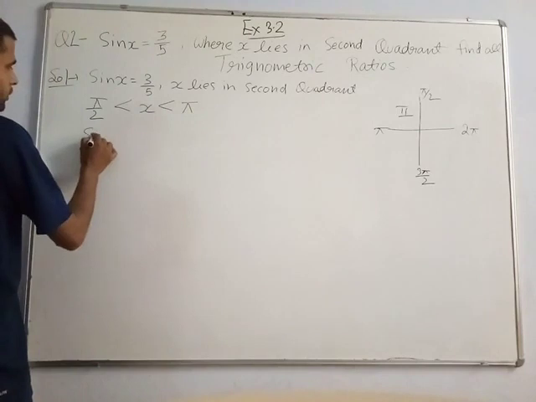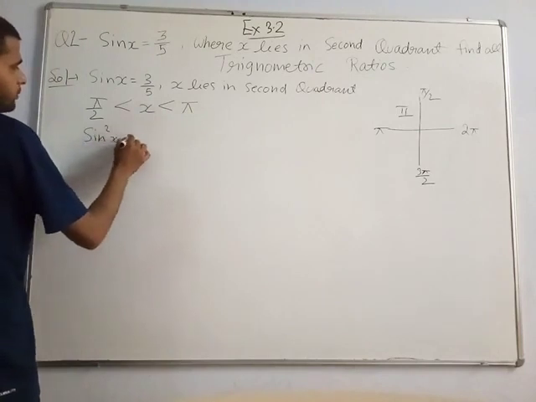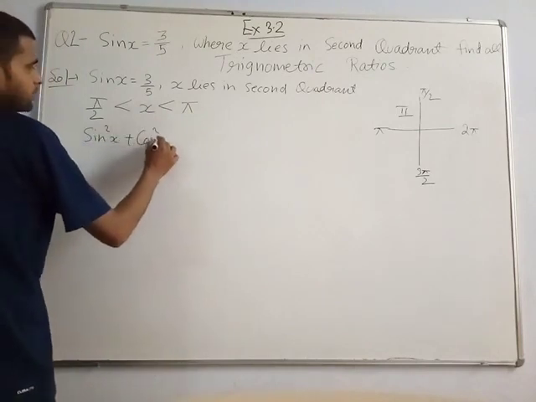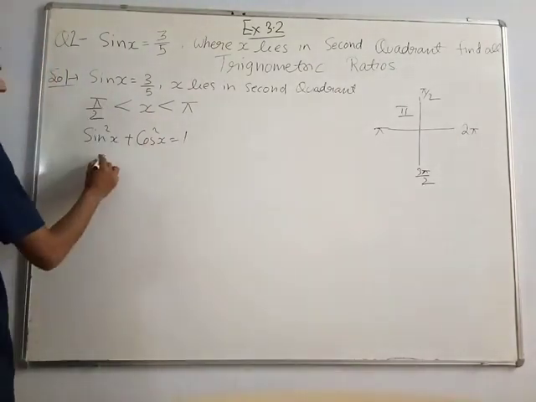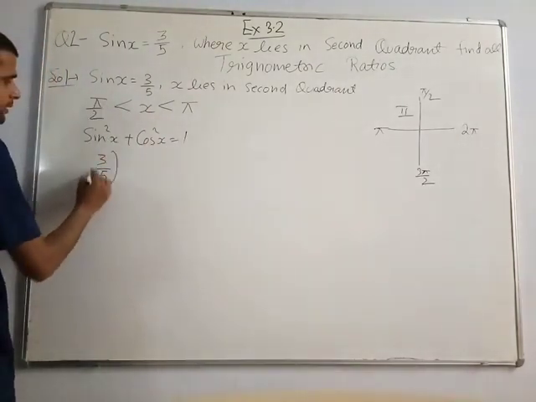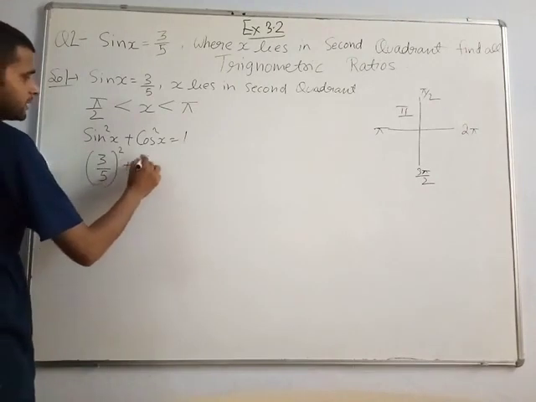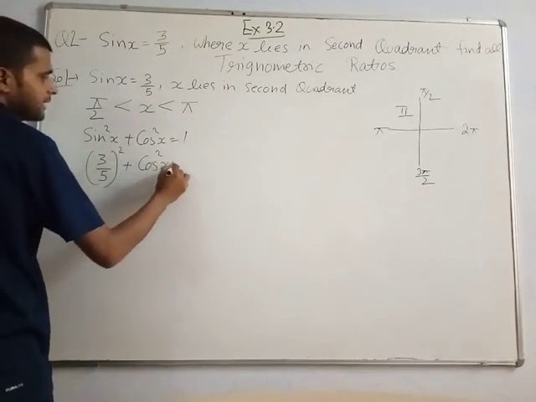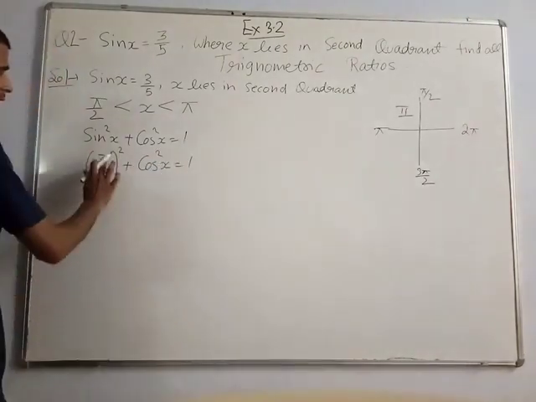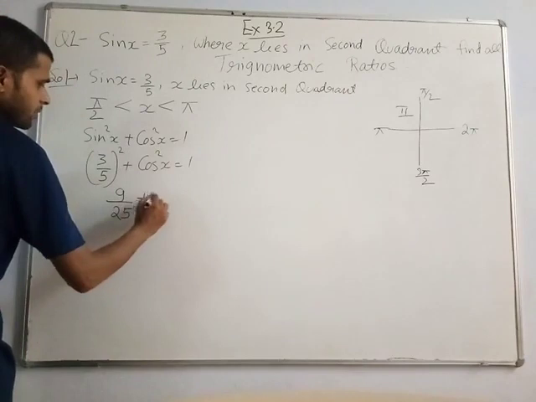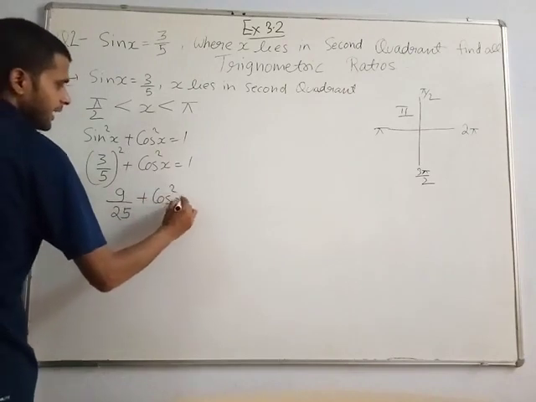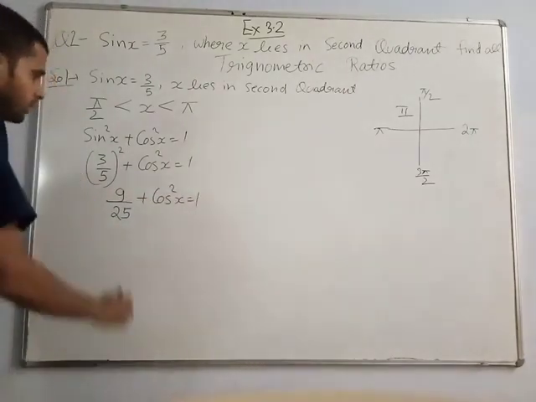So you have to learn the formula sin square x plus cos square x equal to 1. Sin x is 3 upon 5, so (3 upon 5) square plus cos square x equal to 1. 3 square is 9, 5 square is 25, plus cos square x equal to 1.